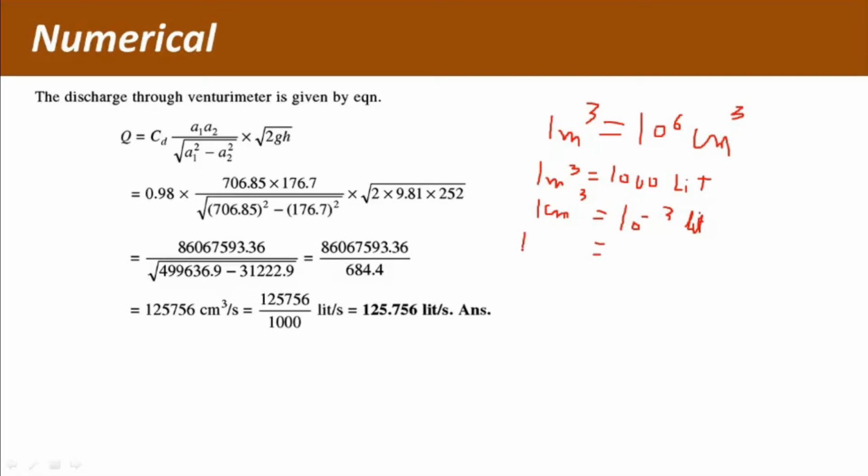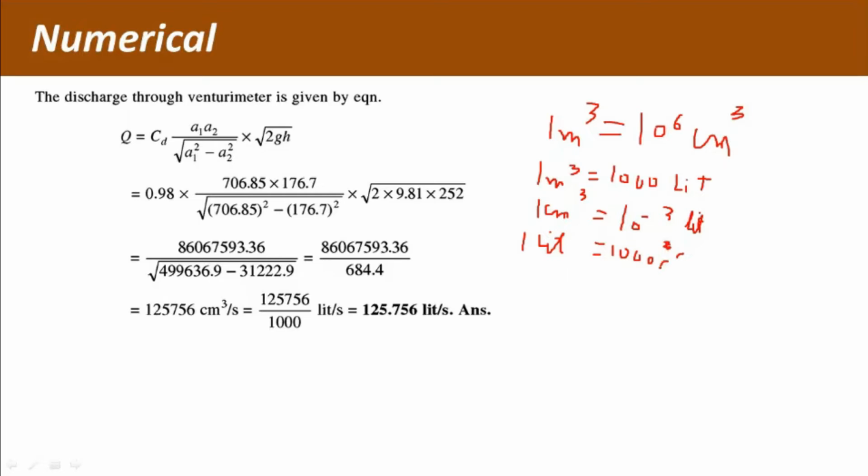Sorry, 1 centimeter cube equals 10⁻³ liters. So 1 liter is 1000 centimeter cube.